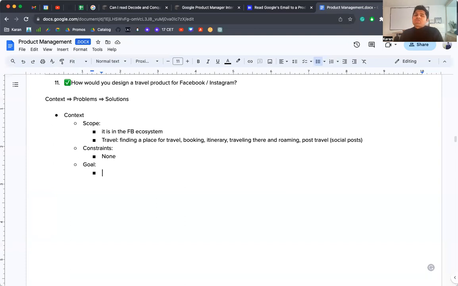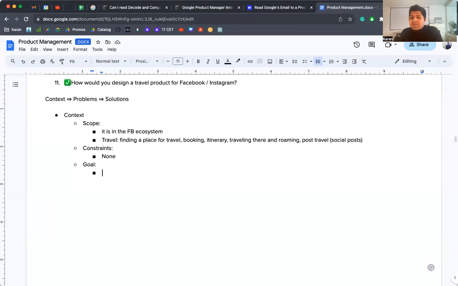So I think a great chunk of the Facebook or Instagram users are looking at Facebook and Instagram for travel-related purposes, not necessarily doing travel, but exploring new places, food, and engaging on multiple social media travel-related posts, looking at travel influencers, and many more. And particularly in the post-COVID era, there has been quite a boost in the travel business.